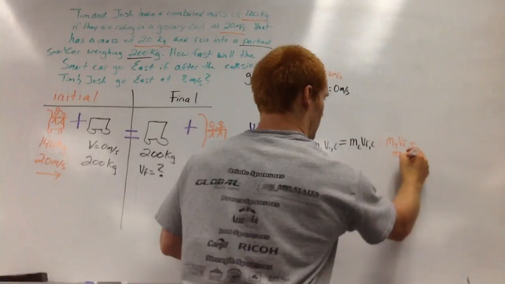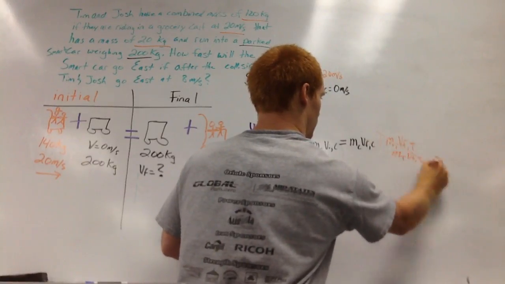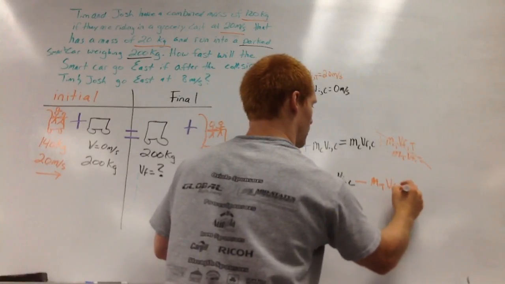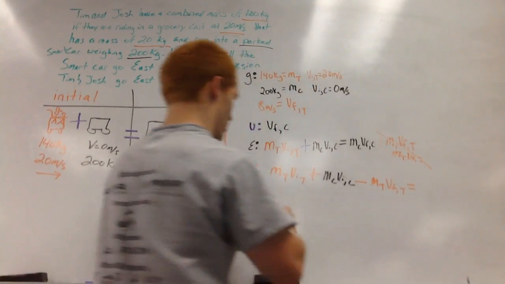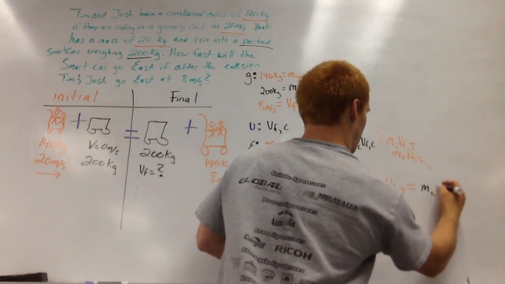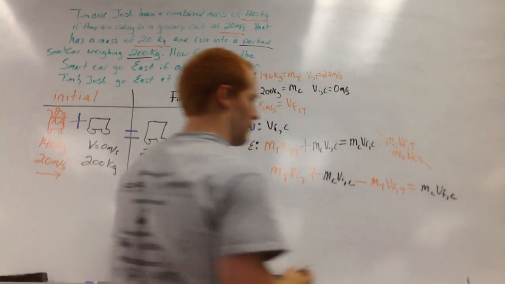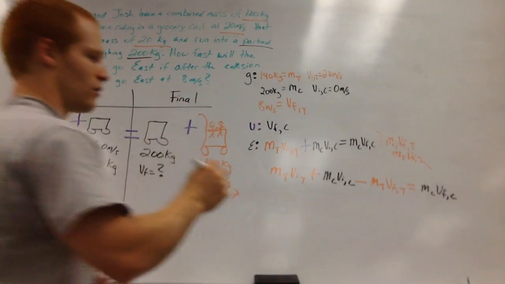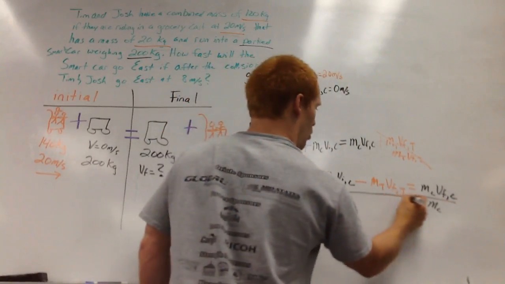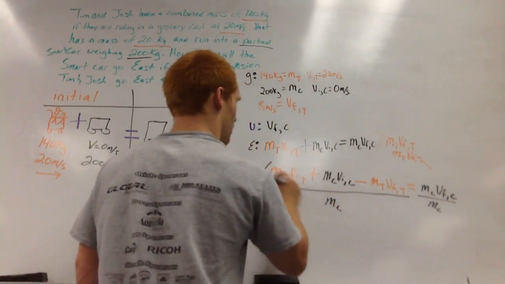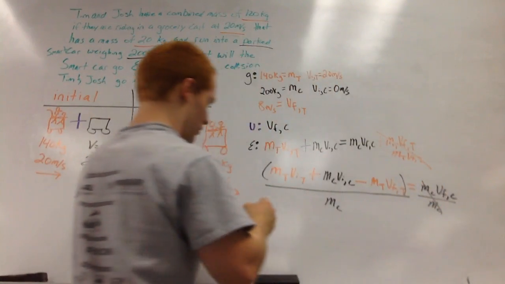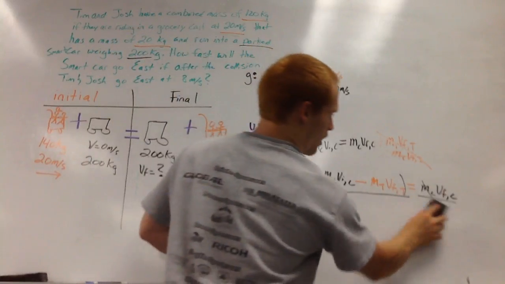Subtracting this, MT, VFT. So we're going to subtract here. So what you do to one side, you have to do to the other. And it is going to equal MC, VFC. For VF, to get it by itself, we're going to divide by mass of the car. So we have to divide this whole thing by the mass of the car. Notice it cancels these two out, so we're just left with final velocity of the car.